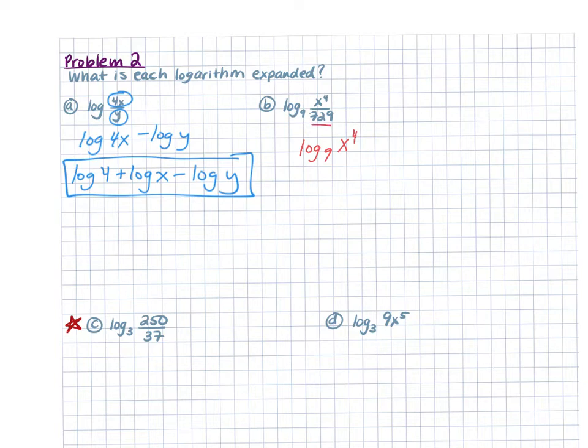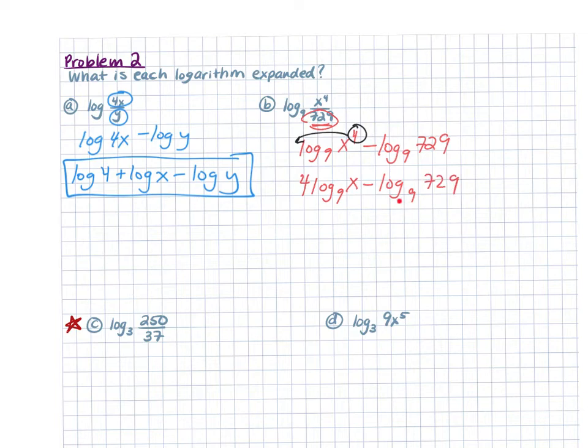And then this is on the bottom of the fraction, so subtract log base 9 of 729. And then since this is an exponent on our answer, we can pull that 4 out in front. This becomes 4 log base 9 of x minus log base 9 of 729.